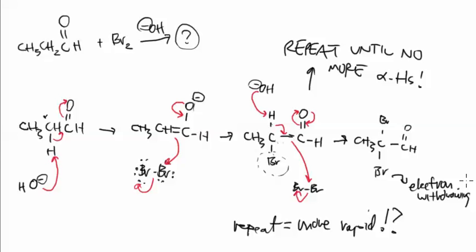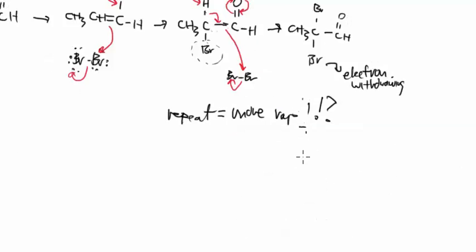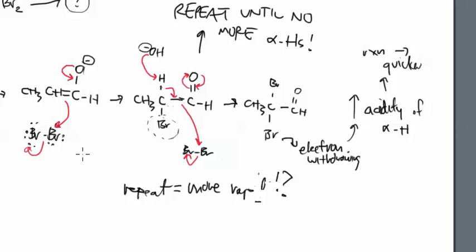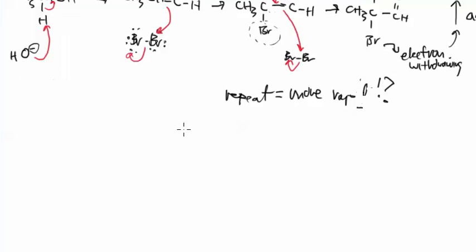And that is why all of the alpha hydrogens get replaced. Okay, so bromo or chloro's electron withdrawing, let's make sure that we're very clear on this before we go forward. This increases the acidity of the alpha hydrogen, and because of that, the reaction goes quicker. It's easier to remove those hydrogens from there.